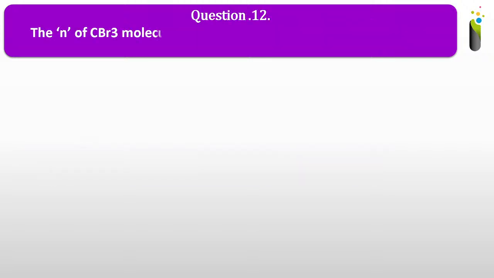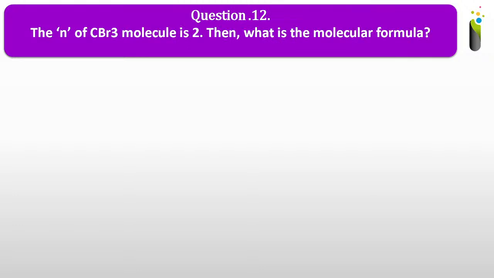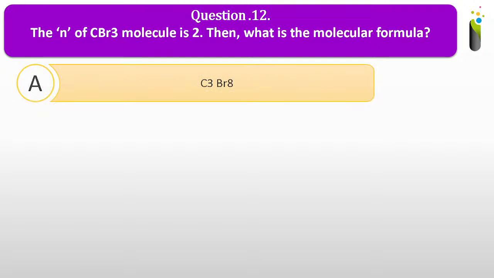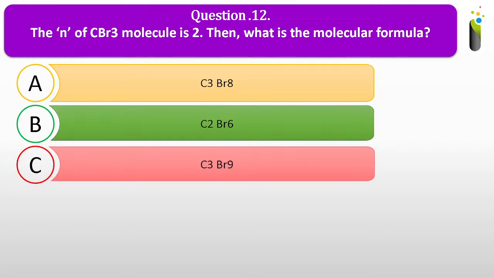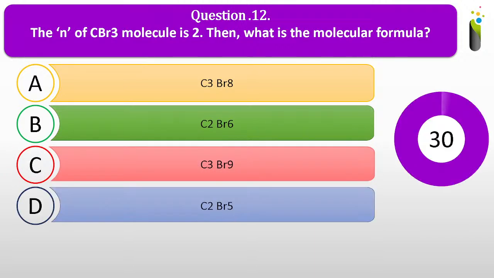The empirical formula of the CBr3 molecule is given, and the n value is 2. Then what is the molecular formula? A. C3Br8. B. C2Br6. C. C3Br9. D. C2Br5.